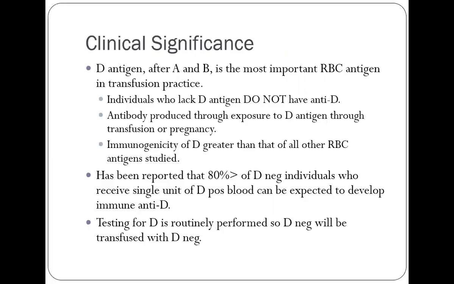So it's very immunogenic, meaning the body doesn't take time to produce this. If you're exposed to even a single unit, your body is going to produce this immune response. So testing for D is routinely performed in the blood bank so that when we determine a patient is D negative, we will transfuse them with D negative blood so that they don't produce this antibody.